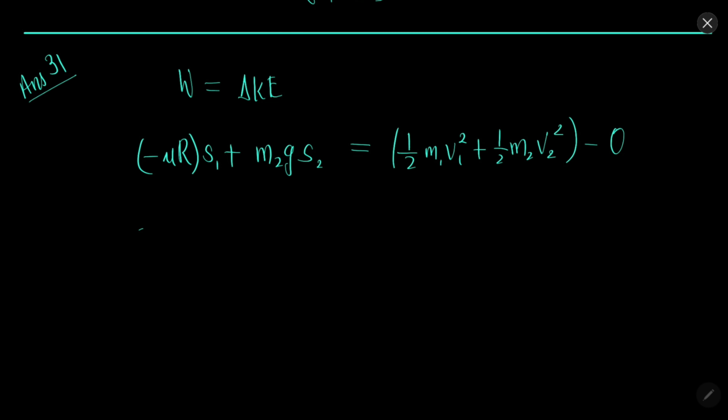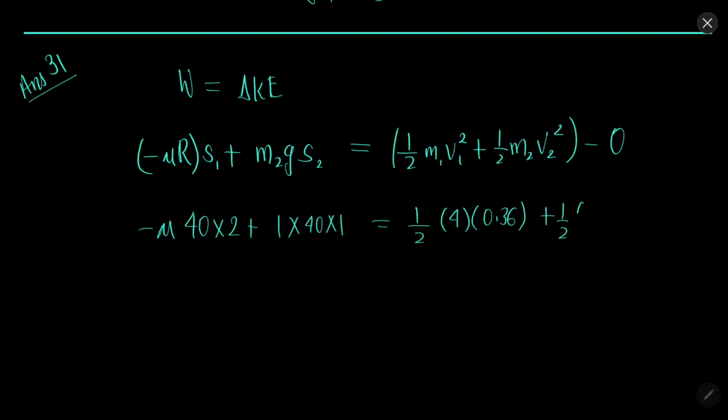So once we put everything, we can find the value. It will be something like this. So from here μ will come out to be 9.235 over 80, or approximately 0.12.